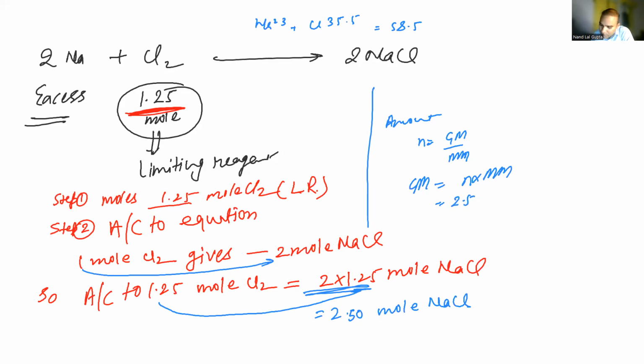So 2.50 into 58.5. Now solve it. How much is coming? Can you do the calculation? 146.25. So 146.25 gram NaCl is going to be produced.